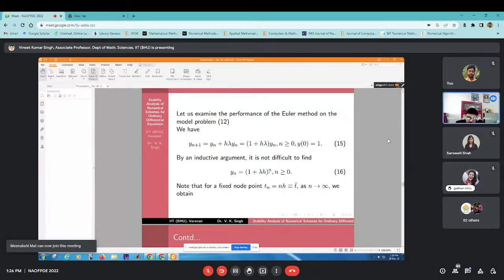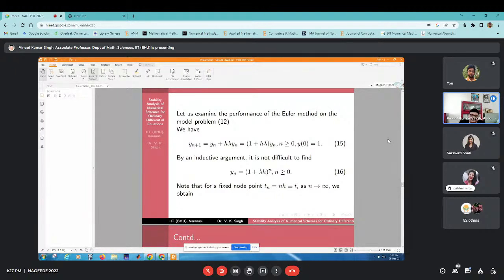Now, tell me what would be the value of Yn if n tends to infinity, where n is the number of node points. What would be the nature of Yn?